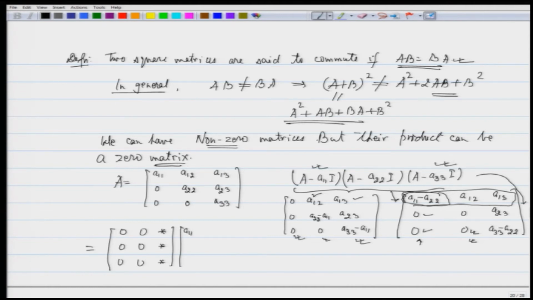It will be A11 minus A33, A12, A13, 0, A22 minus A33, A23, 0, 0, 0. Now you see that 2 columns are 0, and therefore the first 2 rows of this part are not going to play any role, and this whole product will be the 0 matrix.